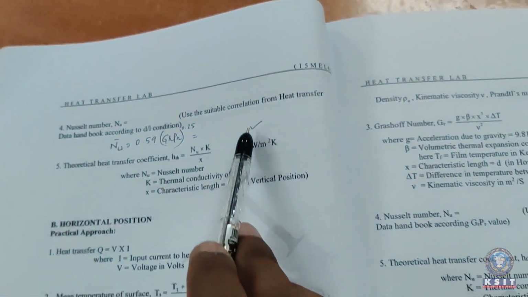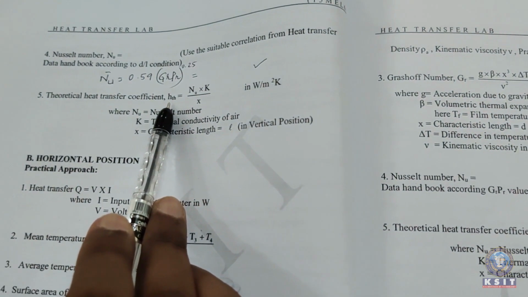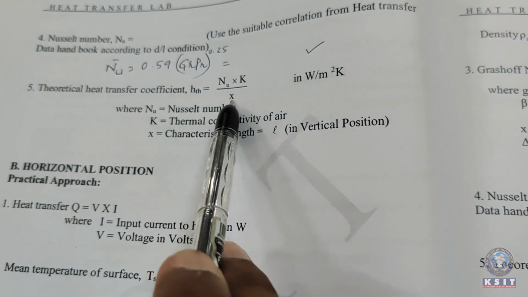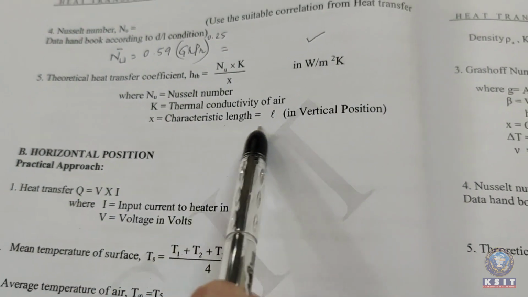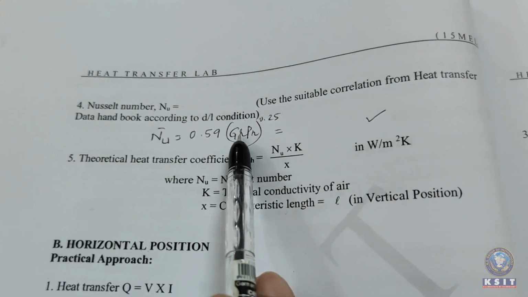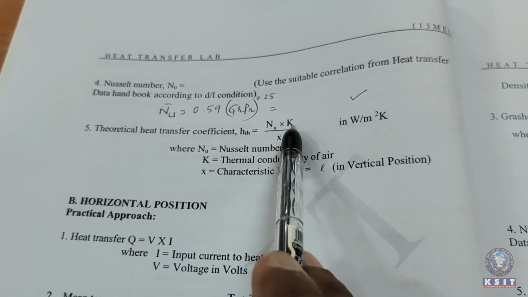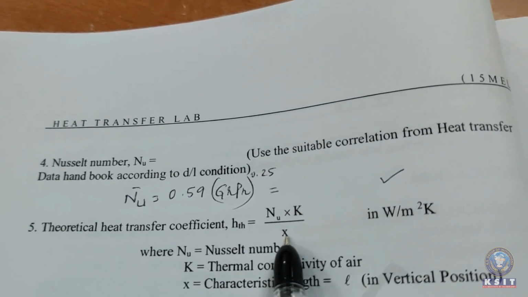Using this Nusselt number value, we can find out the theoretical heat transfer coefficient h. h theoretical is given by Nu k by x. x is written here because the characteristic length for the vertical position is the length of the rod. Nu is from the previous value, k is the thermal conductivity of air from the property table, and x is the length of the rod that we know.